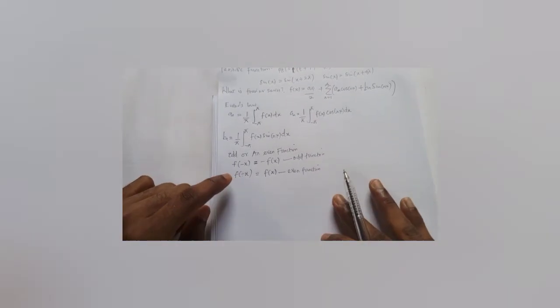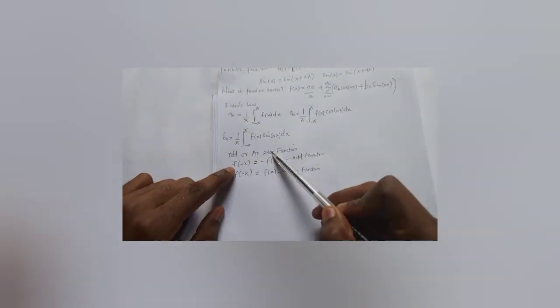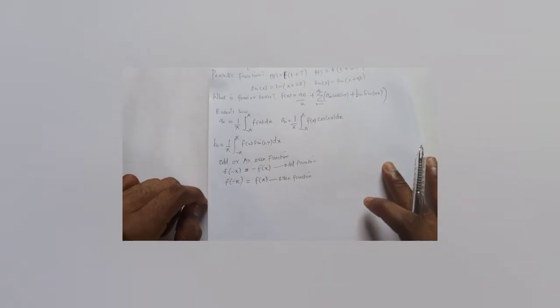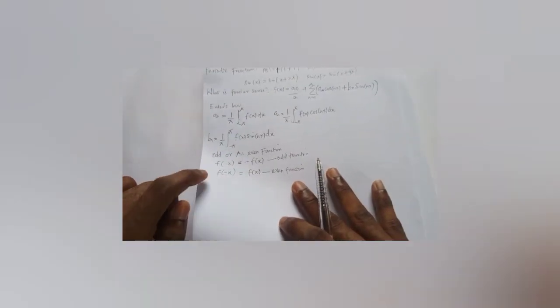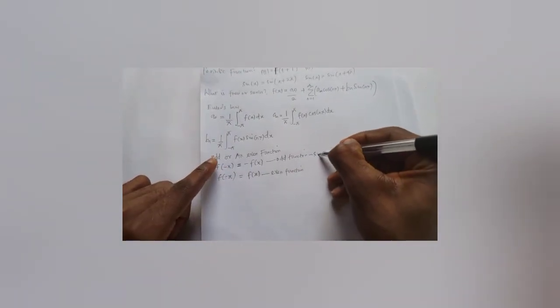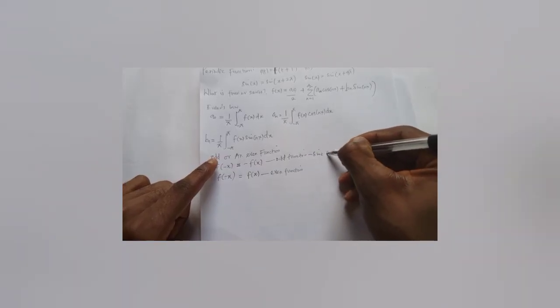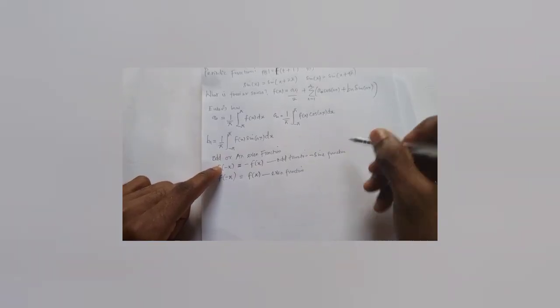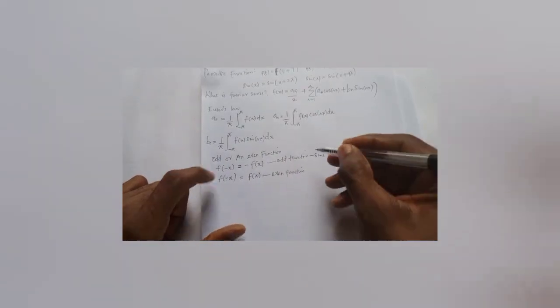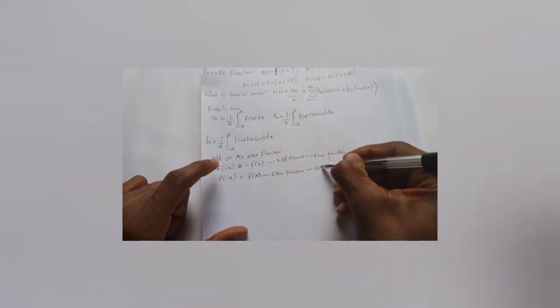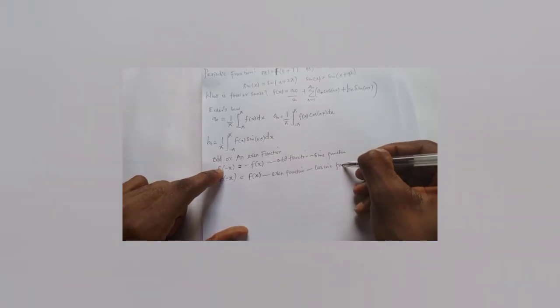We are going to use this idea of odd and even functions to solve for the Fourier series of a function. One example of an odd function is a sine function, while a cosine function is an example of an even function. So this is what you need to know for now about odd and even functions.